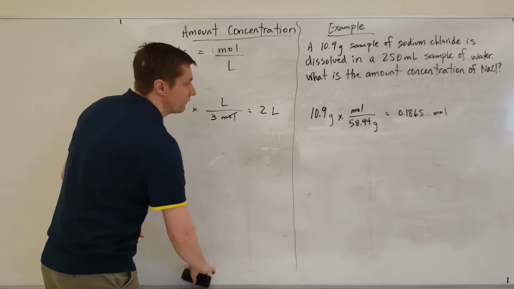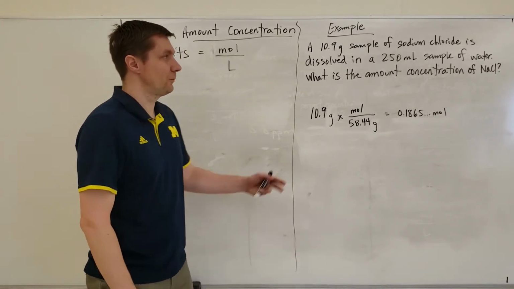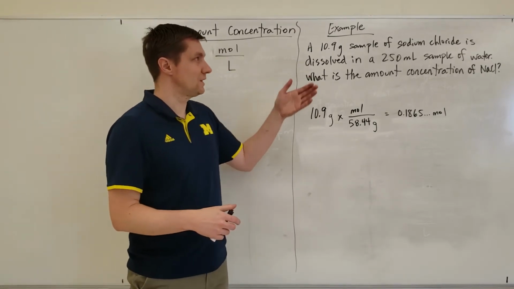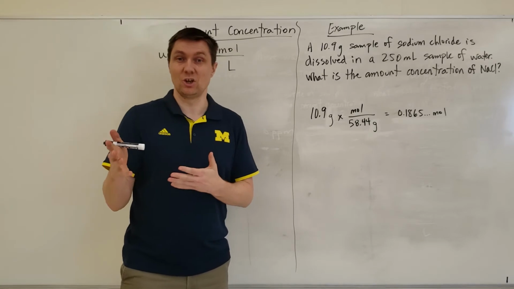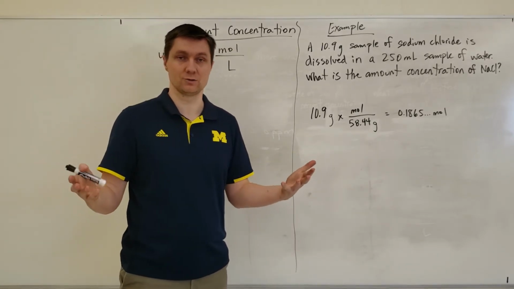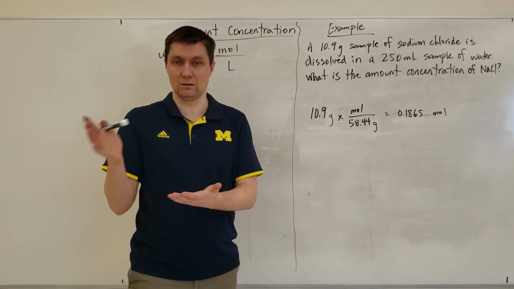So I've got an example over here on the right where we've got a sample of sodium chloride, but now they've given us a mass, and the mass is 10.9 grams, and it's dissolved in a volume of 250 milliliters of water, and it wants the amount concentration. So remember, for amount concentration, we need to have moles and liters.